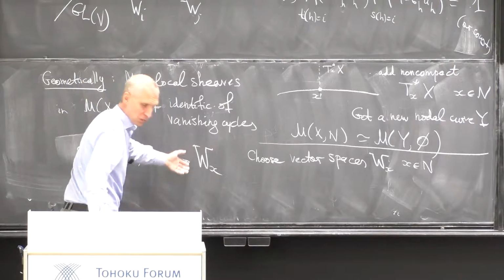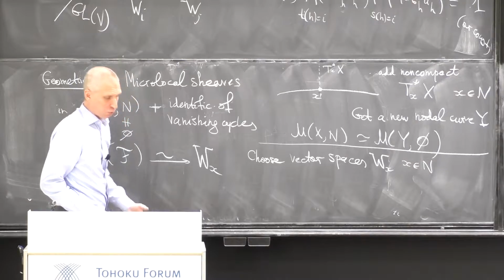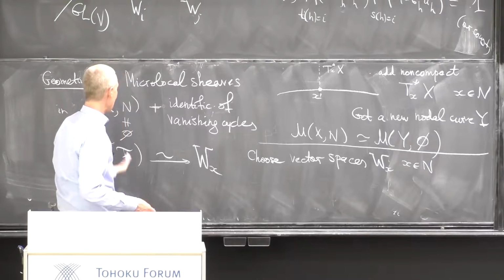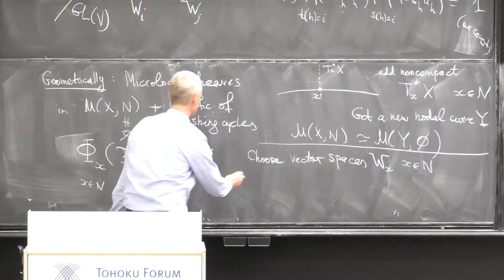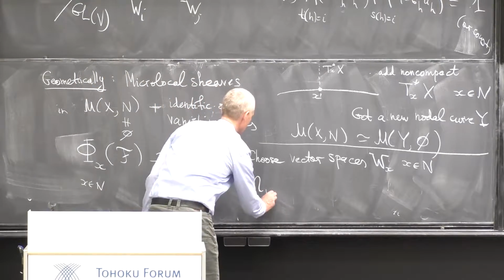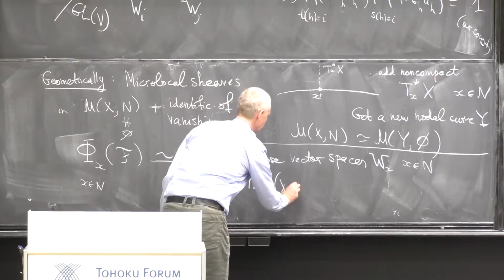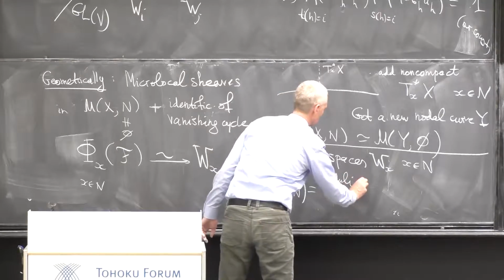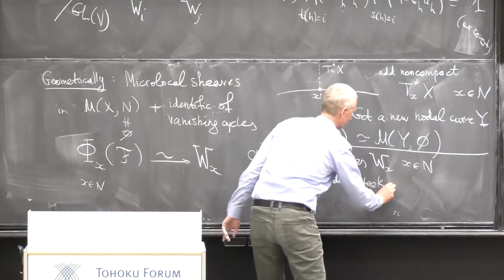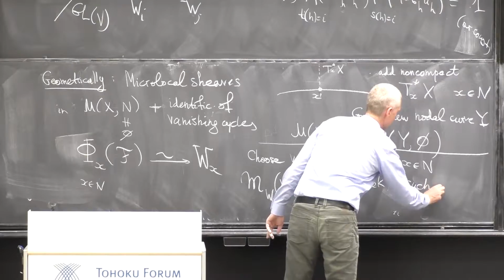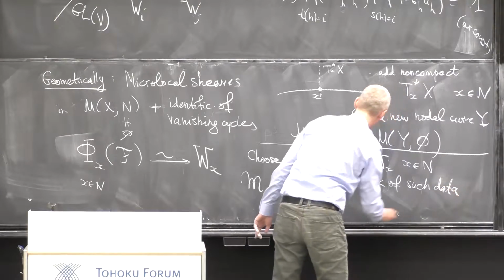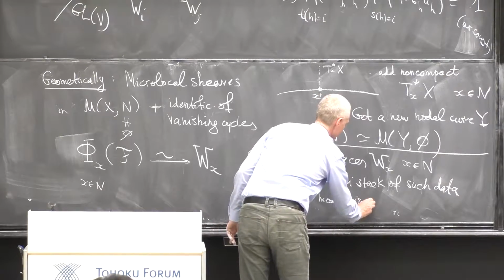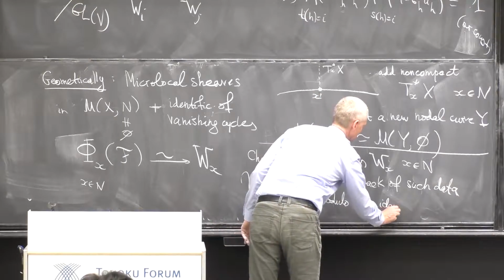But we can form the modular stack of such objects, where modular isomorphisms are identical on W. Let's call it M W of X, the modular stack of such data, with isomorphisms identical.